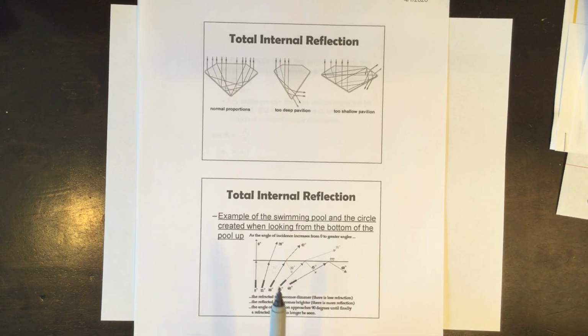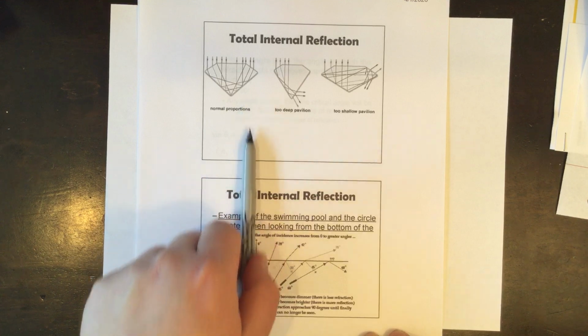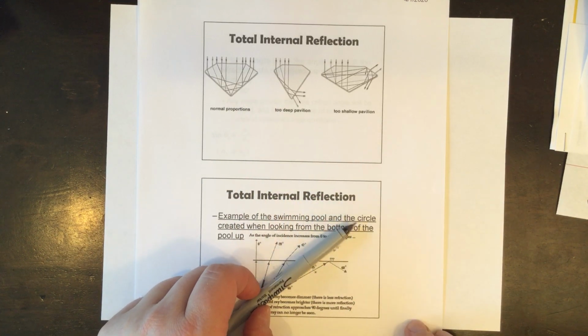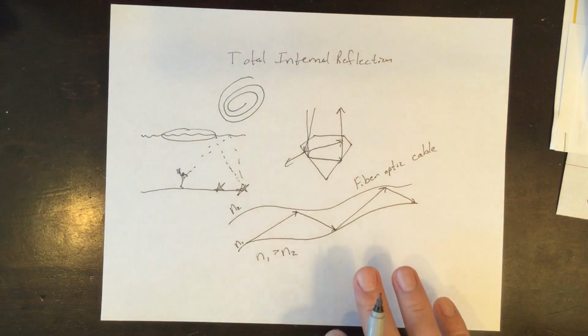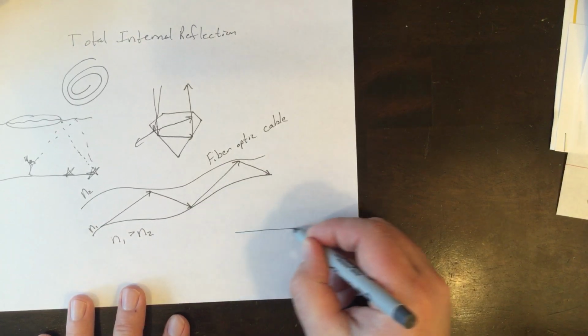There's a point where if we were to shine a light straight up in water, it would go right out of the water into the air. As we tilt, it bends coming out, bends coming out, bends coming out, and then we get to an angle that's called the critical angle. Let's draw it down here.